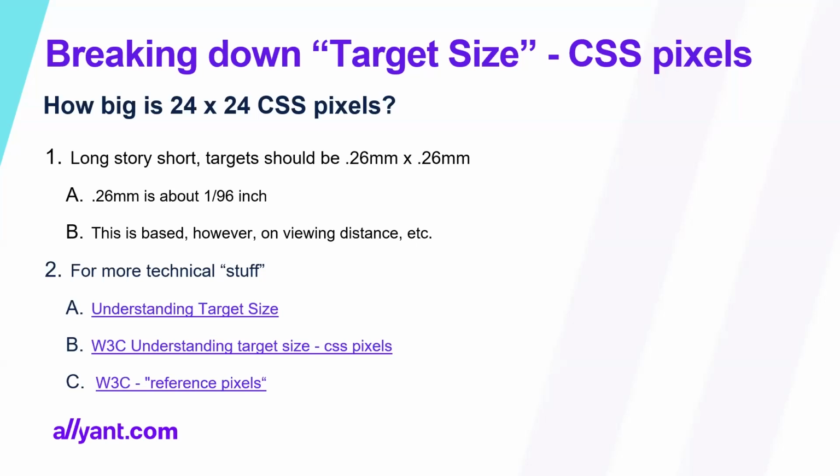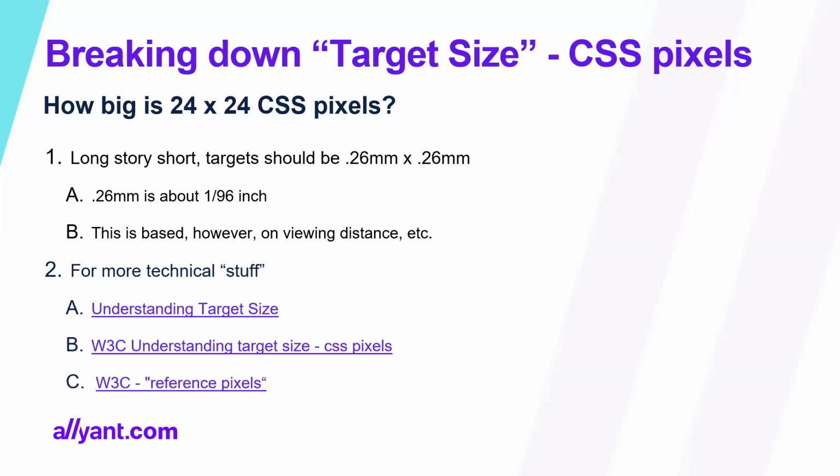And then that web page actually points to another one where they talk about reference pixels, right? Because different platforms and so on handle pixels differently, I guess. Again, this isn't totally in my wheelhouse as far as pixel size. So there's reference pixels and CSS pixels and how they relate to each other.